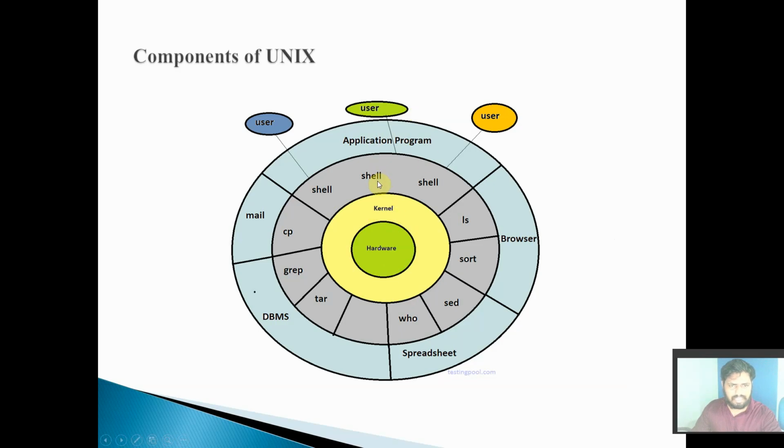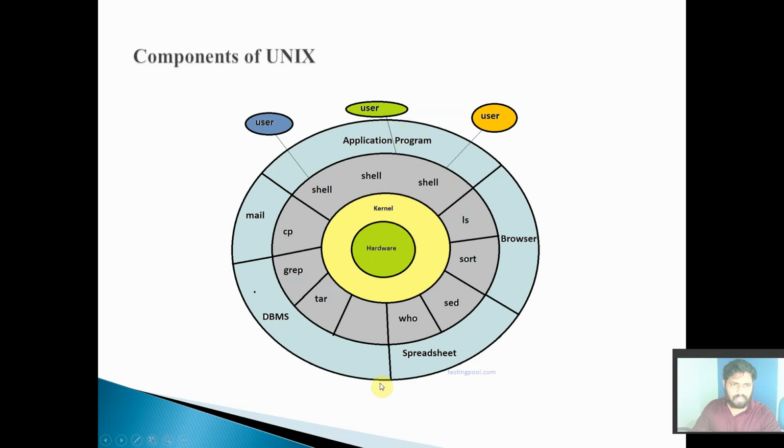The shell is used by the user to access commands, which are a high level language. The high level language commands are converted into machine understandable language. This information passes to the kernel, the kernel passes it to the hardware, and the hardware works.